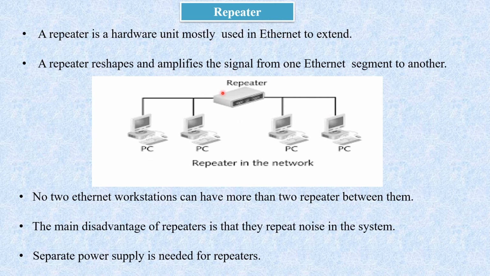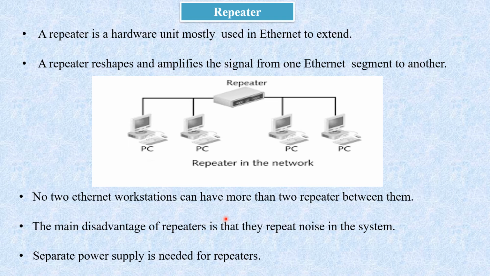The repeater reshapes and amplifies the signal from one Ethernet segment to another. No two Ethernet workstations can have more than two repeaters between them, if they have to communicate reliably.